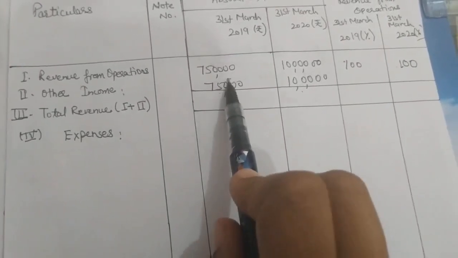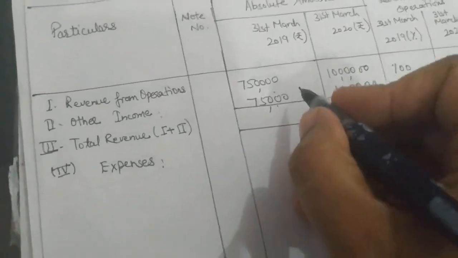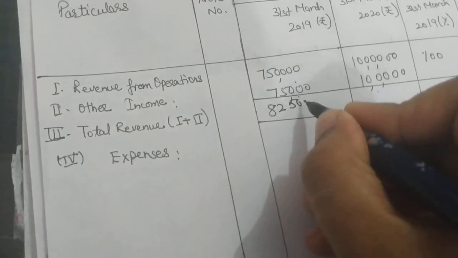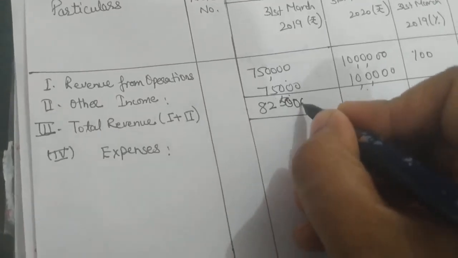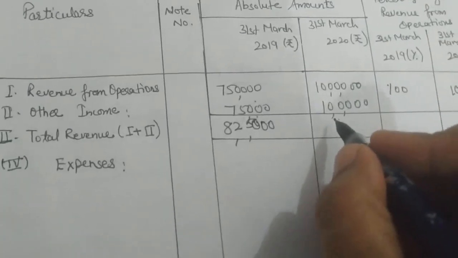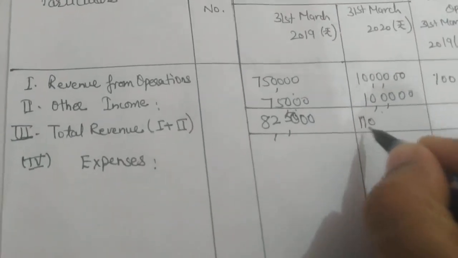So 7,50,000 plus 75,000 comes to 8,25,000. And in the similar way, 10 lakh plus 1 lakh comes to 11 lakh.